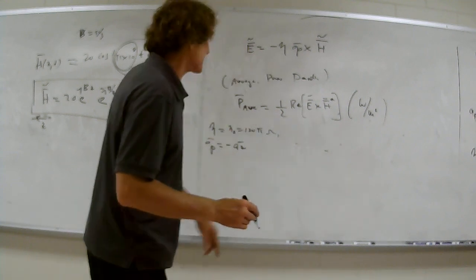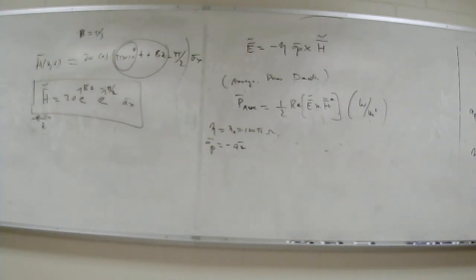Now just turn the crank on this. So my E field, we're going to turn it back into a sine, is going to be equal to minus eta, minus 120 pi, and then the unit vector in the direction of propagation, minus AZ, crossed into the H field, which is 20 e to the j beta z times e to the minus j pi over 2 ax.